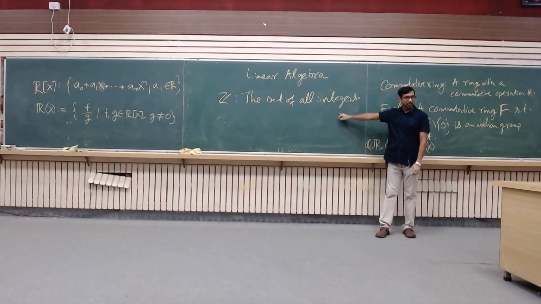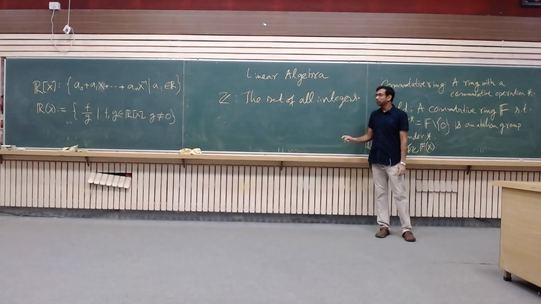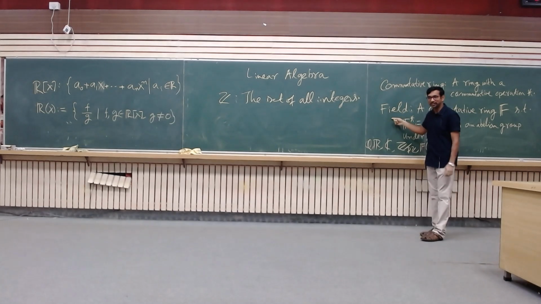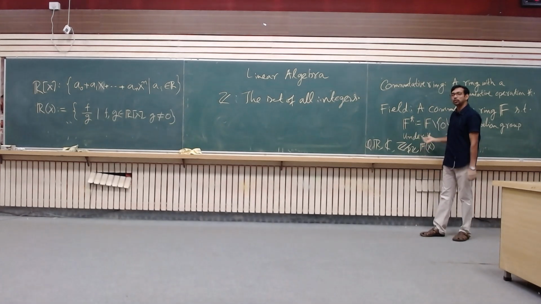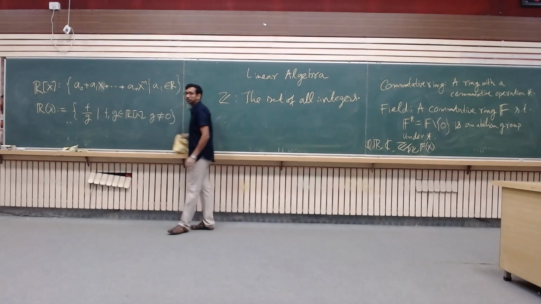It's an abelian group under addition, and it's a commutative monoid under multiplication, but multiplicative inverse doesn't exist there. So this is an example of a commutative ring which is not a field, and we do not define vector spaces over it. We define vector spaces over fields. Over that, we define some similar kind of structure. We'll call it modules, which you will learn later if you take up algebra. And we can do some of the things that we do over vector spaces also with modules, but not all of them.